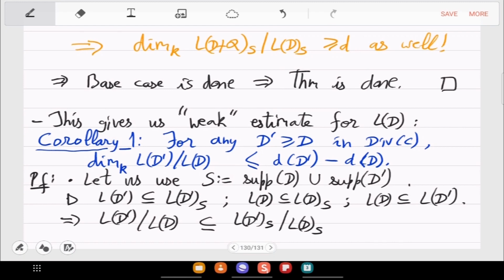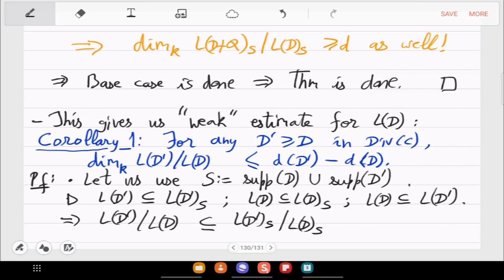Okay, why is that? See, the only non-triviality here is that on the left hand side LD you are treating as 0. We are going mod LD, right? So this containment can only be achieved if LD is a subspace of LDS, because on the RHS LDS is considered 0.